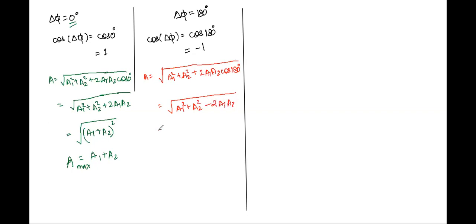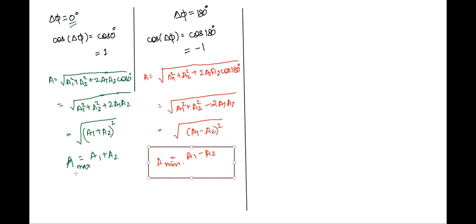This is the expansion of a1 minus a2 the whole square. So this will become a1 minus a2. This is the value of minimum amplitude, when there is destructive interference. Are we clear with this now, Karuna? Yes, sir. Okay, class. Everyone, if you are clear with these concepts until here, just try this question.